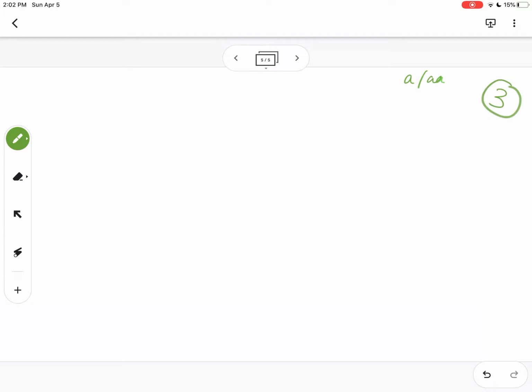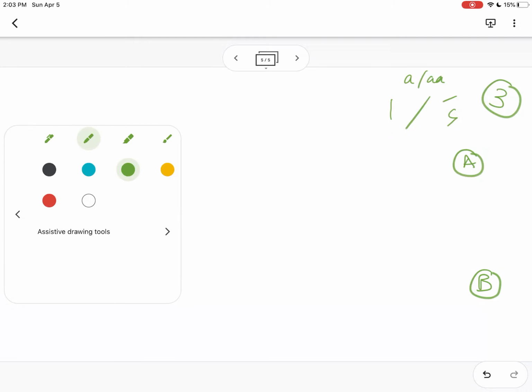In the third rule, we're going to talk about the a sound, whether it's long or short. If the Hamza has a fatha, or it's followed by an alif, meaning it's making the a sound, there are 2 rules for this. So we're going to call this 3A and 3B.